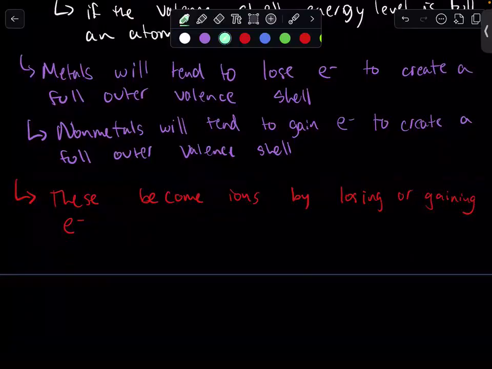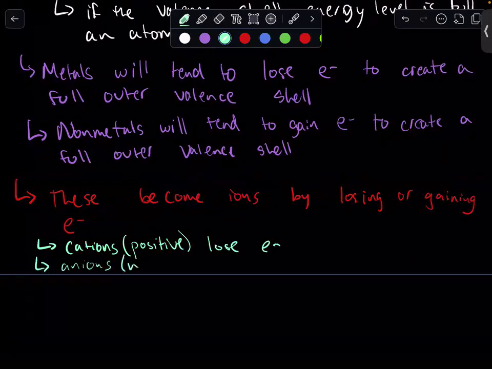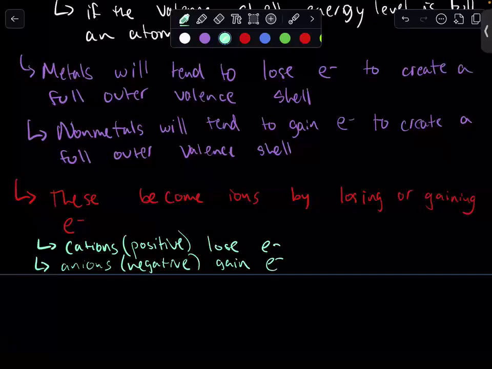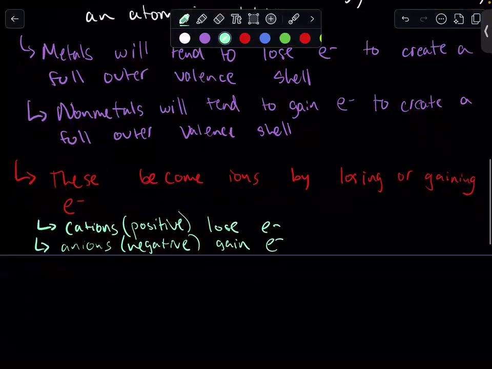Specifically, we're going to reference two types of ions. We have cations. They are positive because they lose electrons. And we have anions, which are negative, and that's because they gain electrons. If you lose a negative, you become positive. If you gain negatives, you become negative.